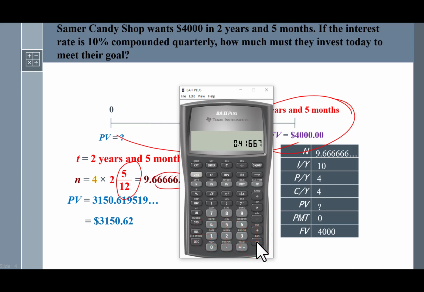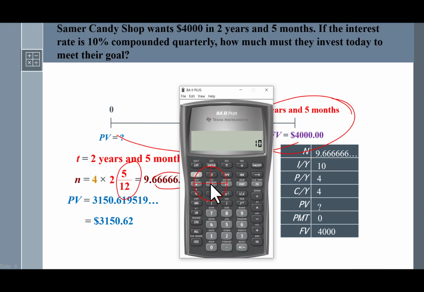Here I have the calculator keeping 5 decimal places. Add it to 2 because it's 2 years and 5 months. Then multiply it by 4 because it's quarterly. Once you've done all of that, all you have to do is press N, and that value is stored in N.